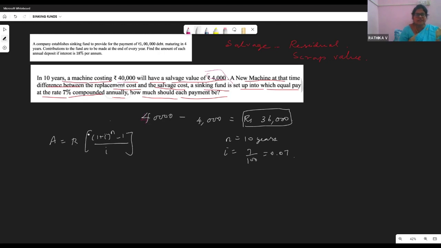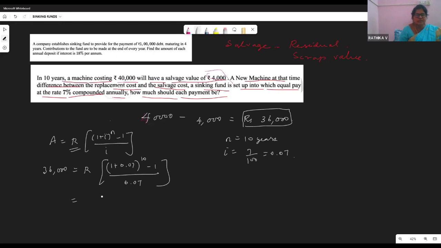So R is a question mark. Here also, sinking fund: how much amount you have to keep every month or every year. Yearly they asked, so R we are calculating here. Now you have to apply 36,000 equals R times (1 plus i)^n minus 1 divided by i, with i as 0.07 and time 10 years.